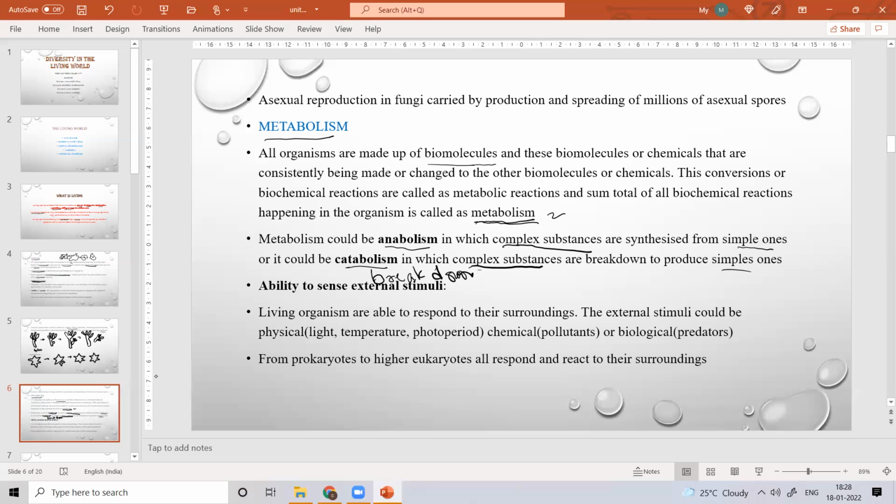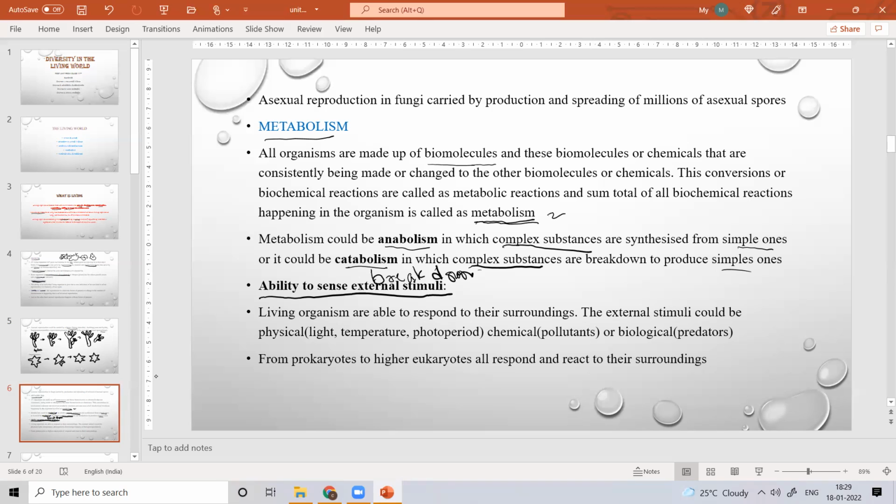The next character that is possessed by living organisms is the ability to sense external stimuli. The living organisms have the ability to respond to their environment.